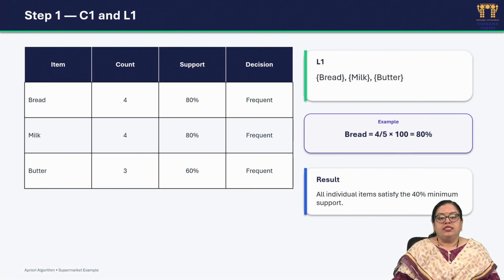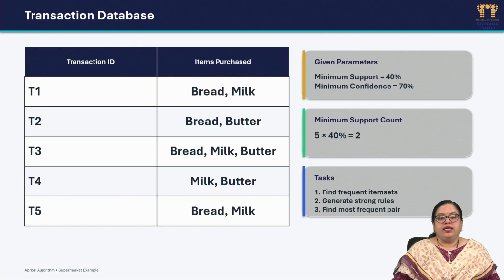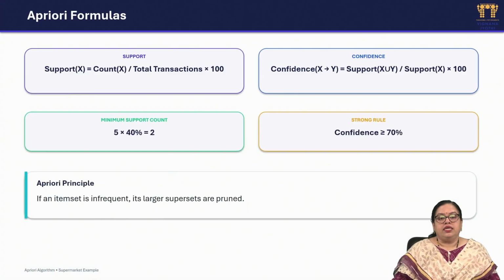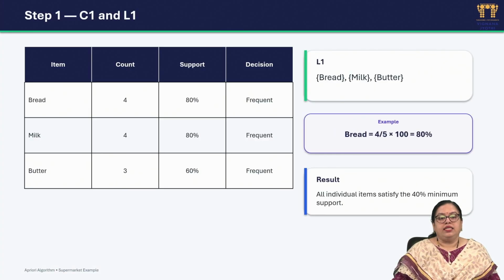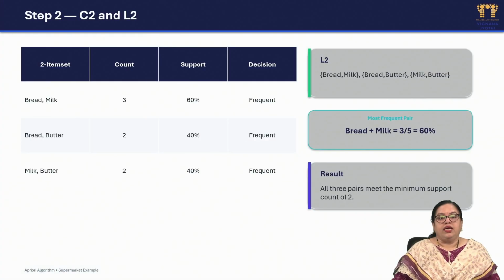Going back again, milk, butter is in T3 and in T4, so also 2 times. So we write here: bread, milk is 3, bread, butter is 2, and milk, butter is 2.